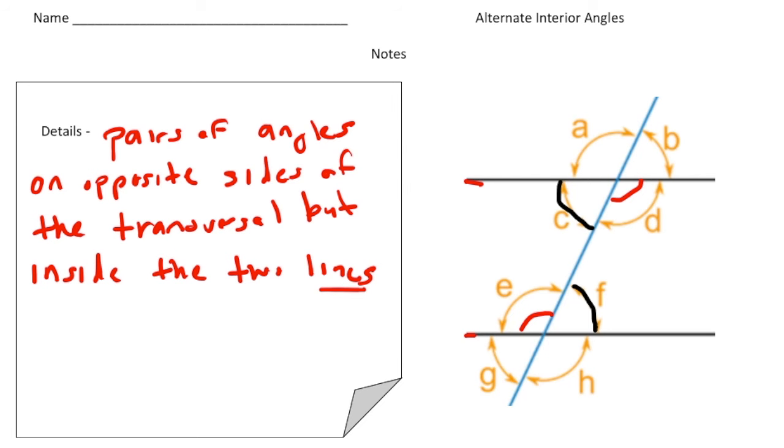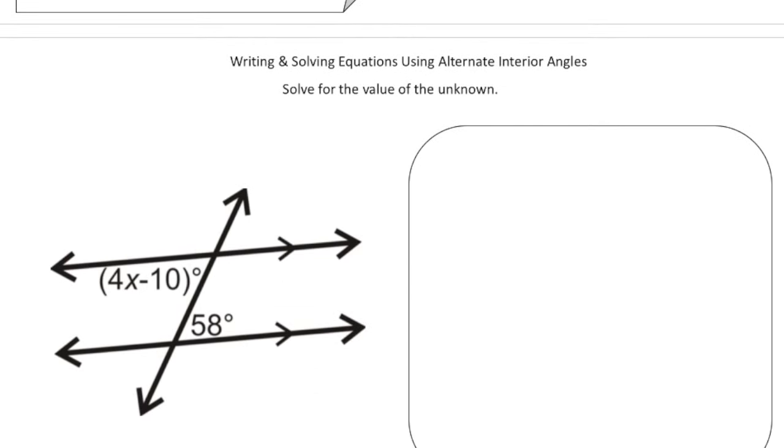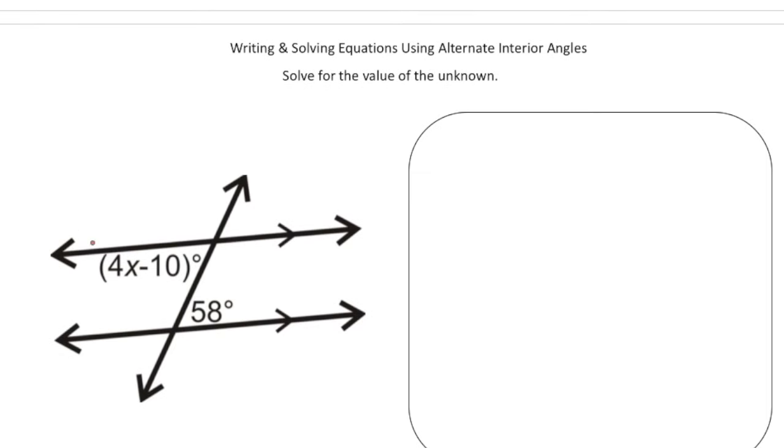All right? So if you turn the page, let's try some problems now. Here again we have two parallel lines and a transversal, and we know that this angle here, the 4x minus 10, and this angle here, 58, are alternate interior angles, which means they're equal. So we're going to have 4x minus 10 equals 58, and then I'm going to add 10 to both sides.